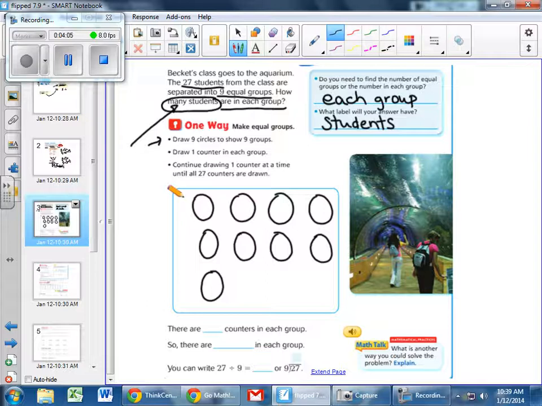Okay. Draw 1 counter in each group. Continue drawing 1 counter at a time until all 27 counters are drawn. Okay, so go ahead and do that.